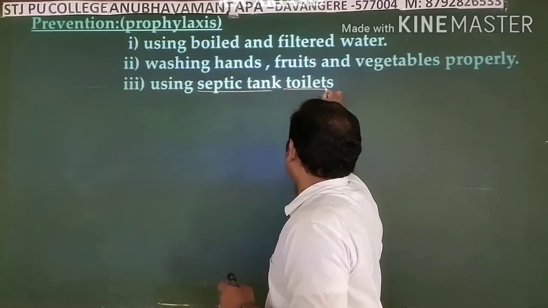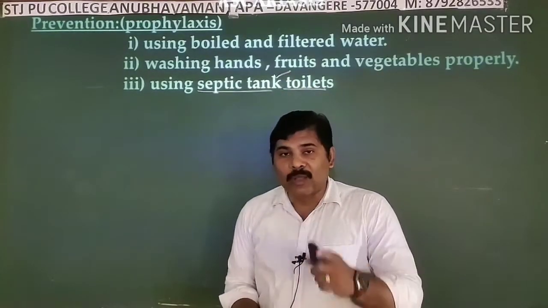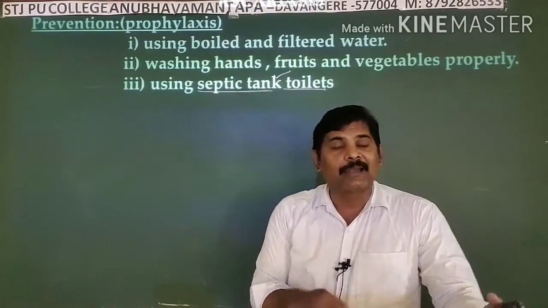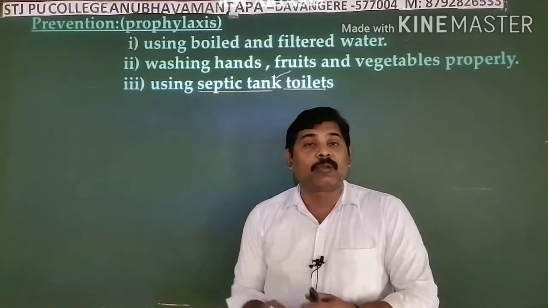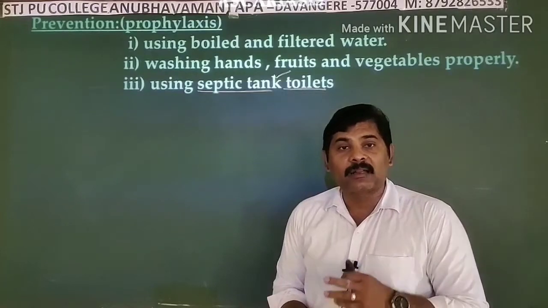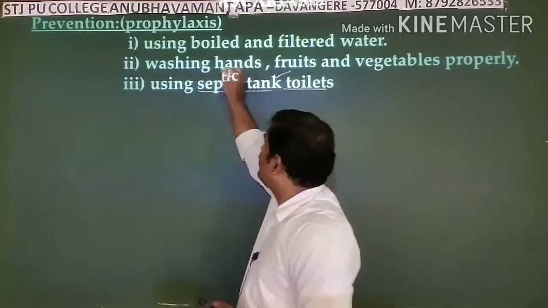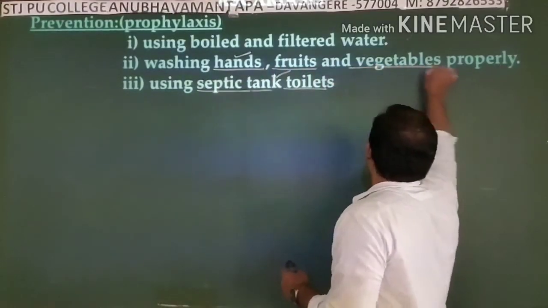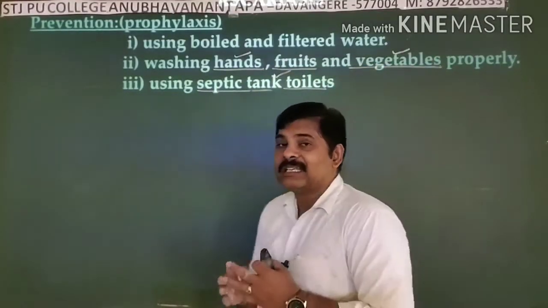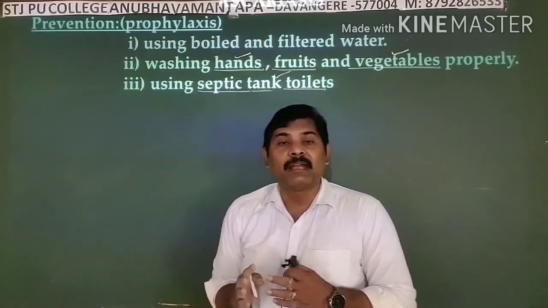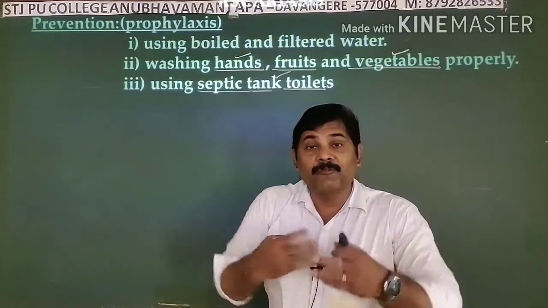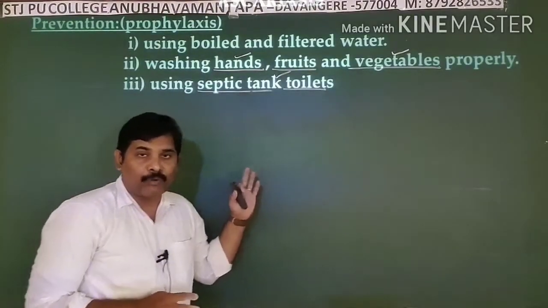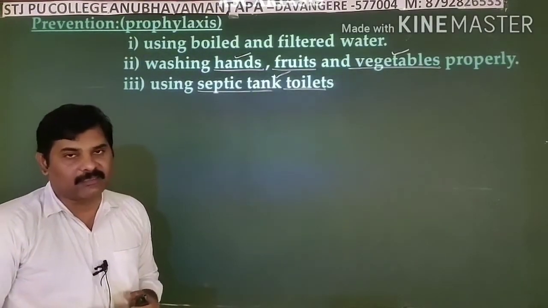Septic tank toilets must be used, so that the eggs do not get a chance to get mixed up with your soil, water and other eatable items. That is the second important thing. And the third point is washing your hands thoroughly, and the fruits and vegetables that you are using must also be washed thoroughly, so that they are disinfected and free from this kind of eggs or infective stages. By following these three important things, naturally you can prevent the disease.